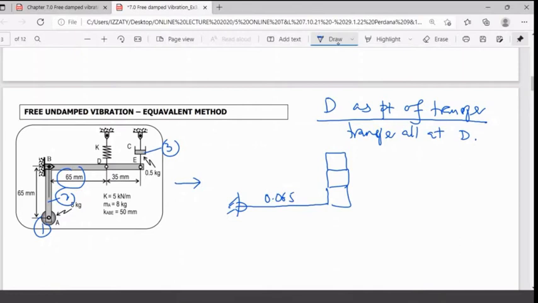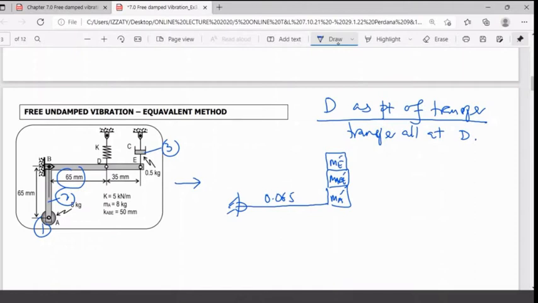They are MA prime, since you transfer it, and you also transfer MB prime. Finally you have ME, the small mass on the dashboard, which you solve from D to E, so put ME.